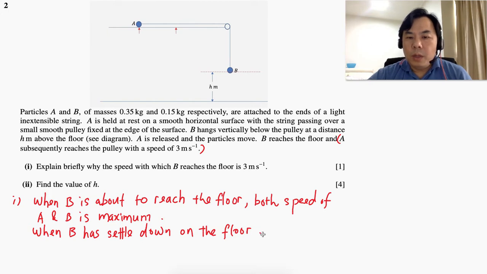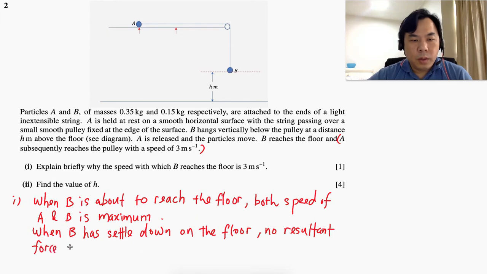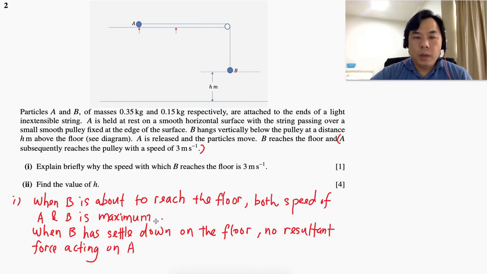So when B has settled down on the floor, there will no longer be any resultant force. When this happens, there's no tension anymore, or I can say that there's no resultant force acting on A.